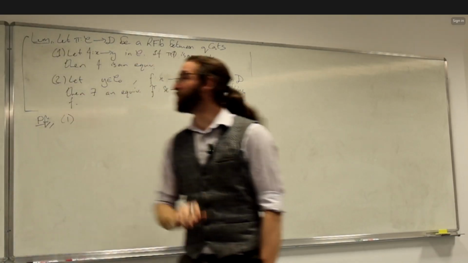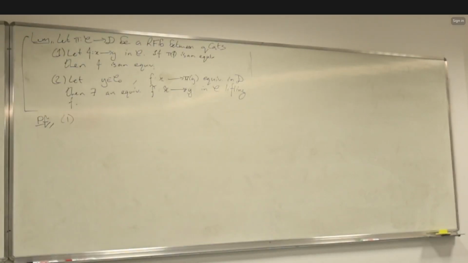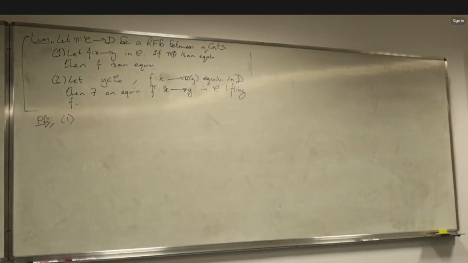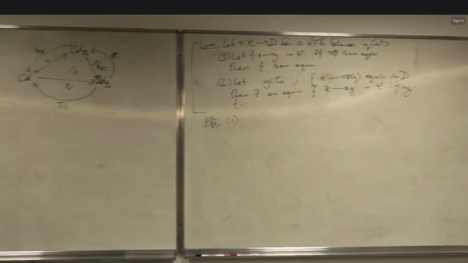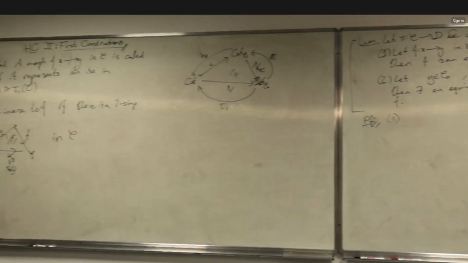Okay. So, yes, I have a question over there. No, so if C is a quasi-category, the morphisms of tau 1 of C is the set C1 modulo an equivalence relation.